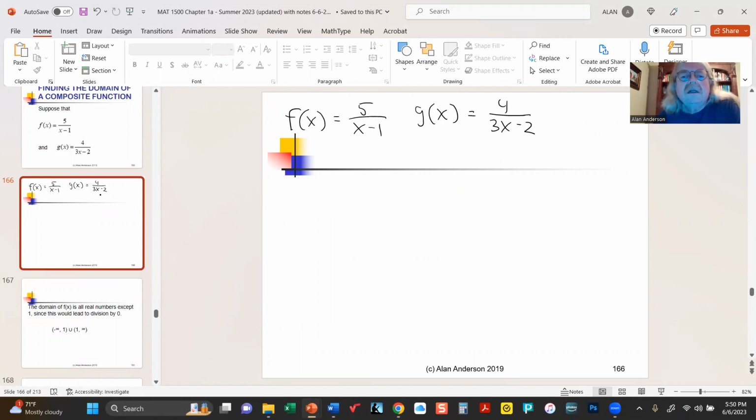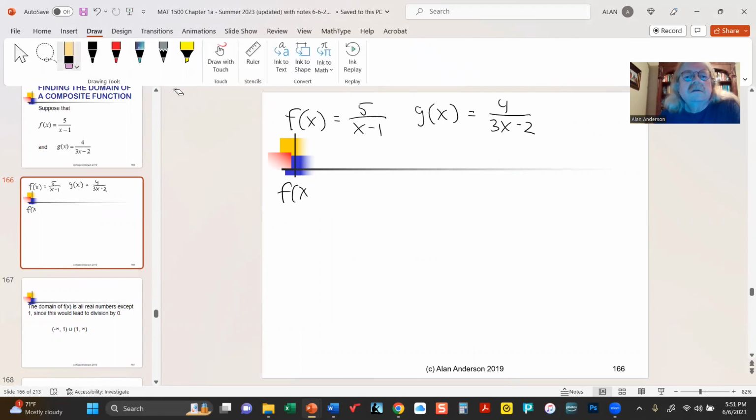Okay, so f of g of x would be, remember what we're doing. We're replacing all the x's here with g of x. So it'll have 5 over g of x minus 1.